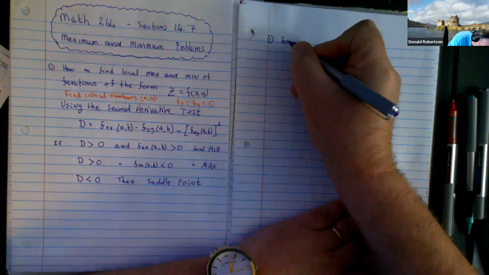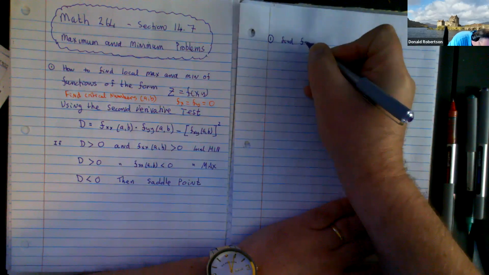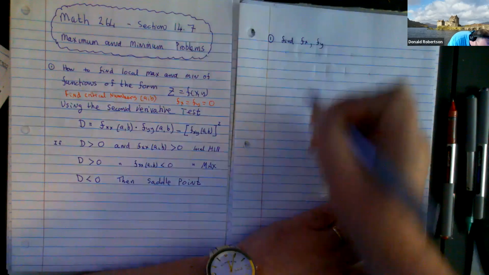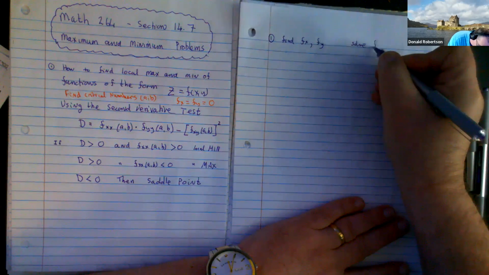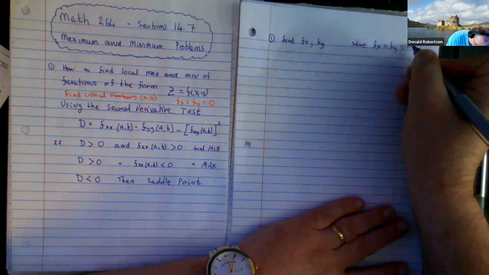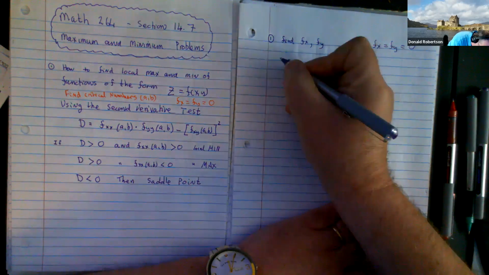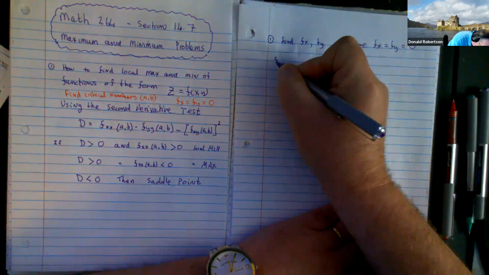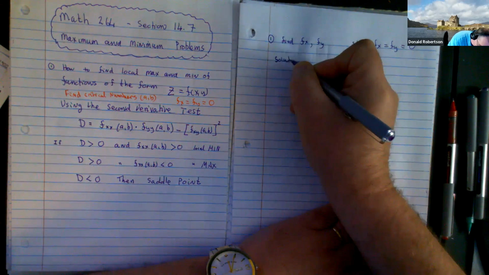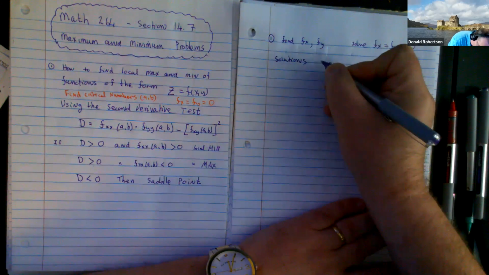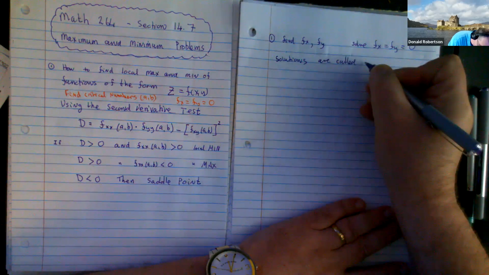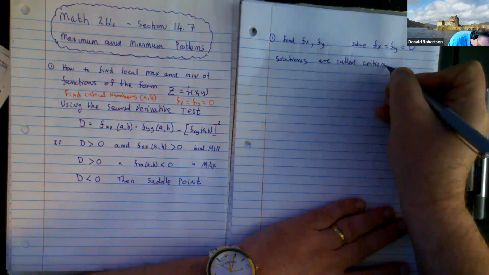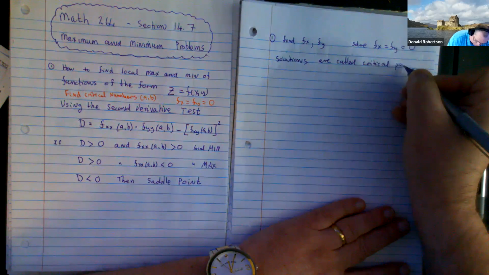So the main technique for doing this is step one, you find the two partial derivatives, those guys, and you solve when those two things are equal to 0 at the same time. And the solutions that you get to that, hopefully there's at least one solution, are called critical numbers. Or I guess I should call them critical points because they are a coordinate.